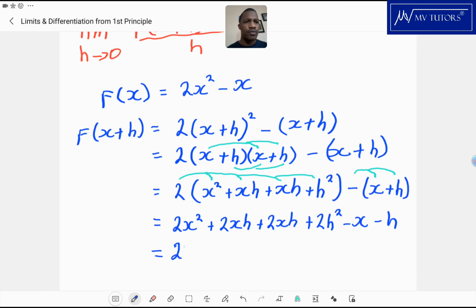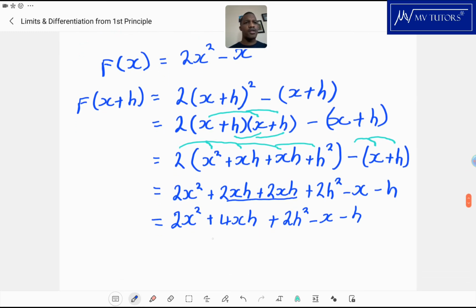It's 2x squared. These are like terms, meaning I can combine them, and it becomes 4xh, and then I have plus 2h squared minus x minus h. So this whole thing represents the function of x plus h.